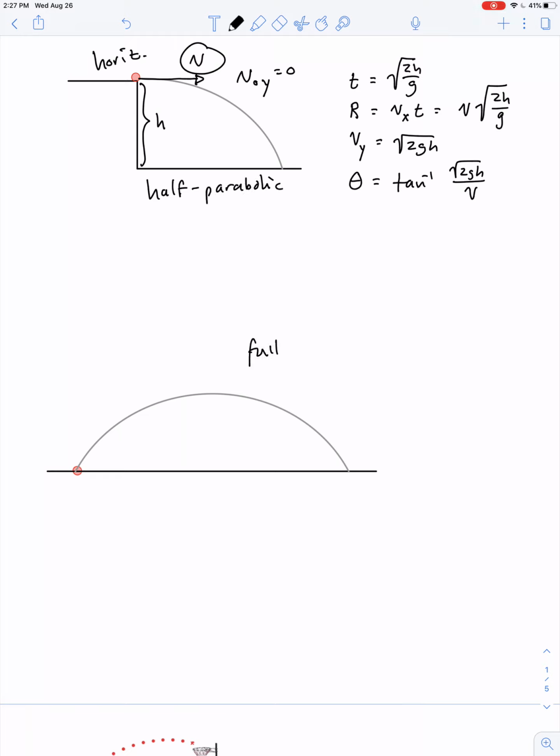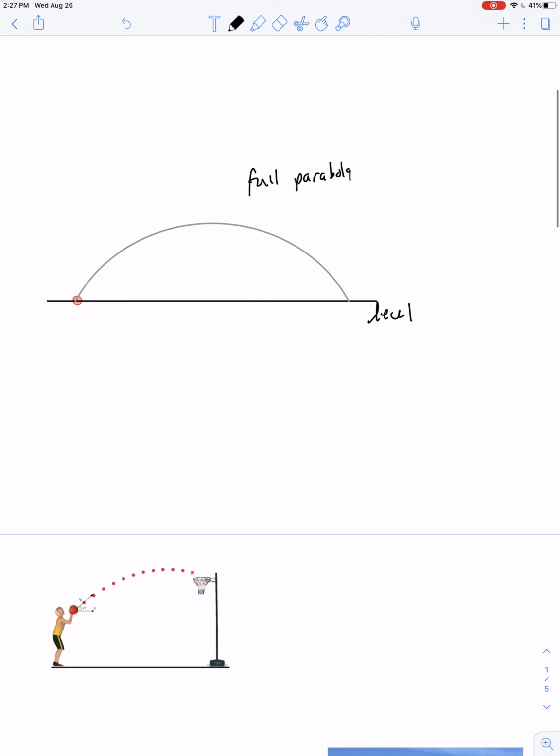So if it's a full parabola, meaning launched across level ground, provided we know the initial velocity and the angle, so v and theta, we can determine also time of flight, range, and maximum height. So the time of flight is double either the time to rise or the time to fall.